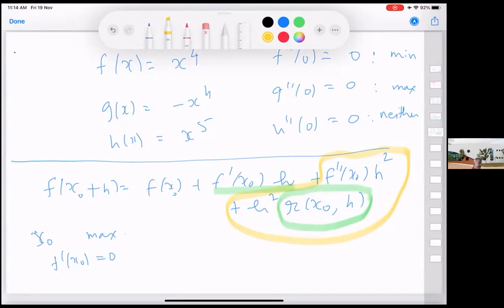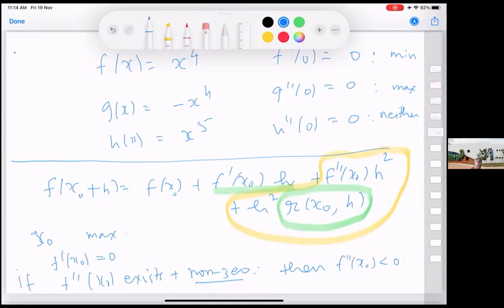So f double dash exists, and what we are saying is that at a point, if a maximum is attained, the first derivative is 0, and if the second derivative exists and is non-zero, then it must be less than 0.